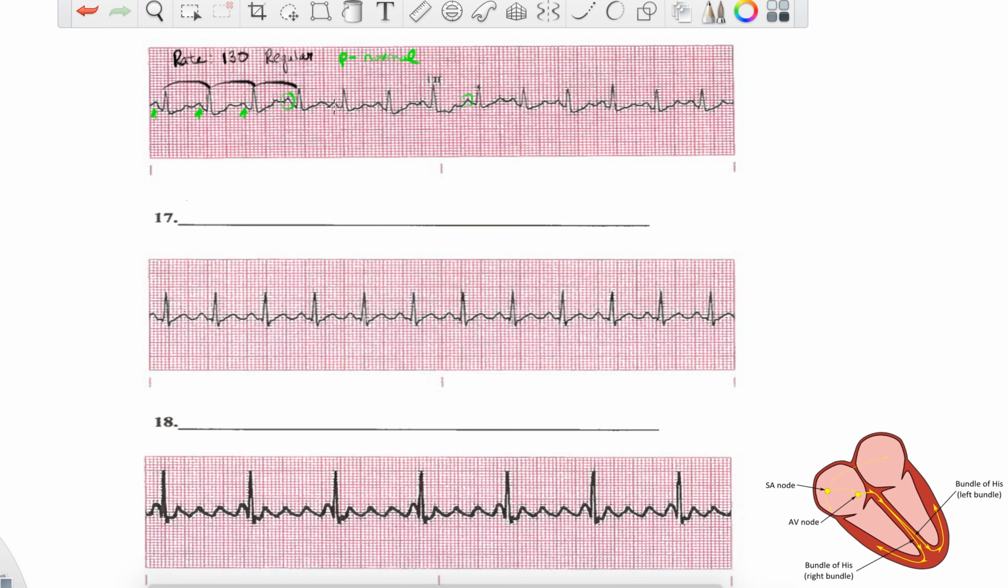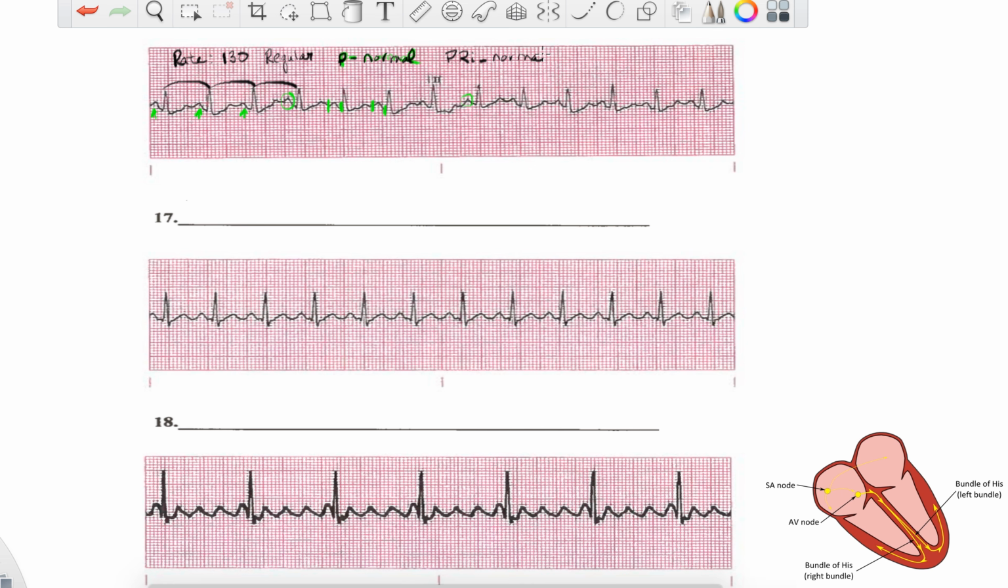And then if we look at our PR interval, and we count from here to here, we can see that the PR interval, I'm going to change the color of my ink because it's hard to read. So your P's are normal, and your PR interval is also normal.